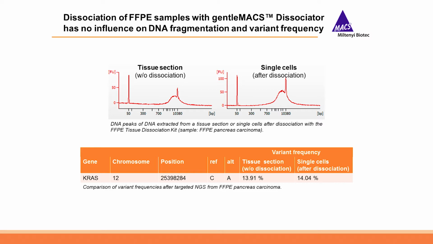And we again compared here the variant frequency of complete tissue sections without dissociation towards single cells of the same carcinoma sample after dissociation. And we see that both variant frequencies are around 14%, which is telling us also here that the dissociation with the FFPE Tissue Dissociation Kit has no effect on the variant frequency as well.